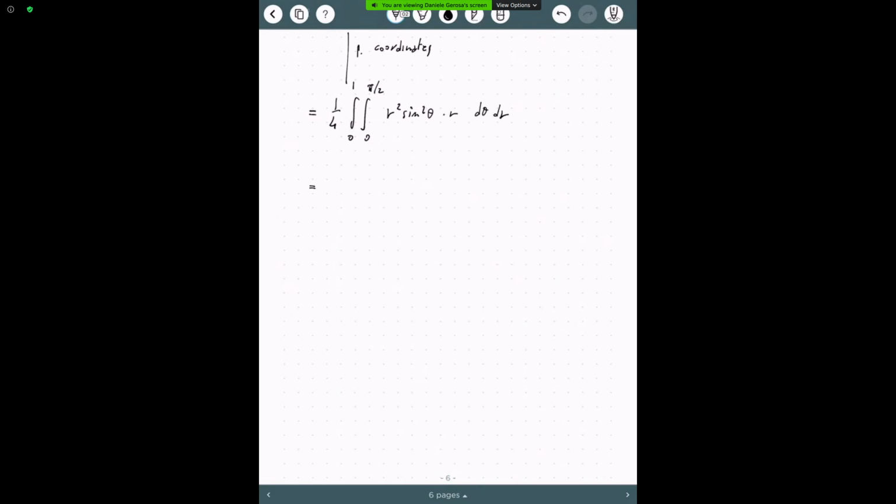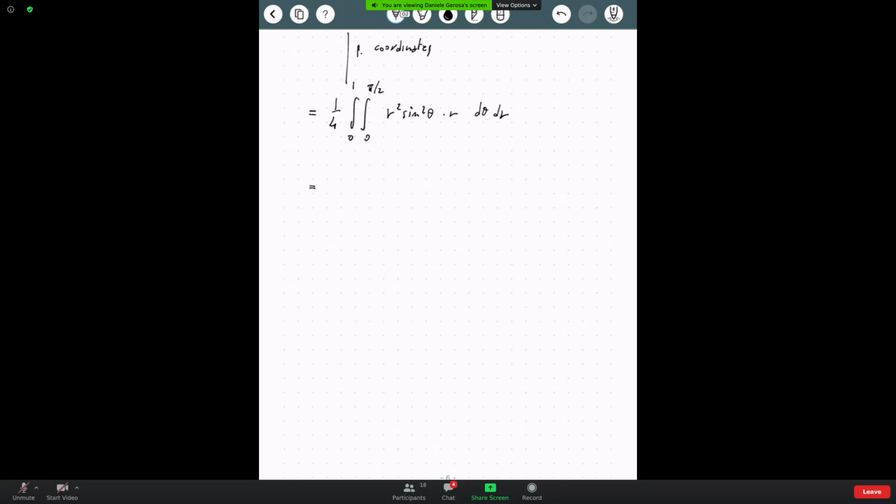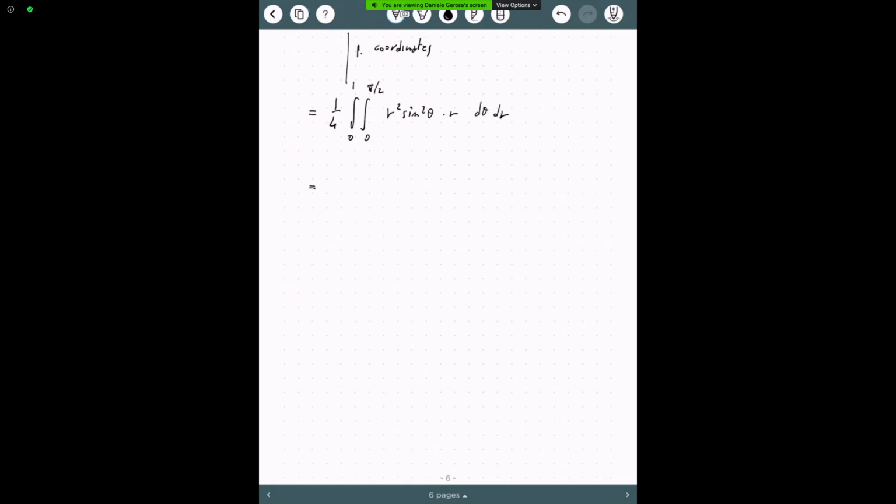And this is equal to, okay, so we have r to the power of 3, r to the power of 4. Oops. 1 divided by 16. And we have the integral between 0 and pi divided by 2 of sine square theta d theta.